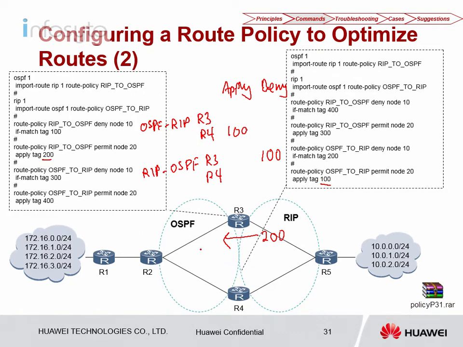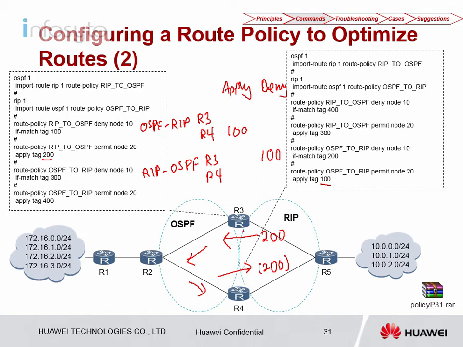Now when this route is sent to R2 and R2 sends to R4, when R4 sends from OSPF back to RIP, I'm going to do a deny. So in the R4 OSPF to RIP, I'm going to deny.